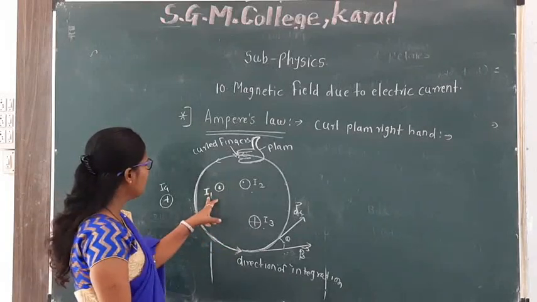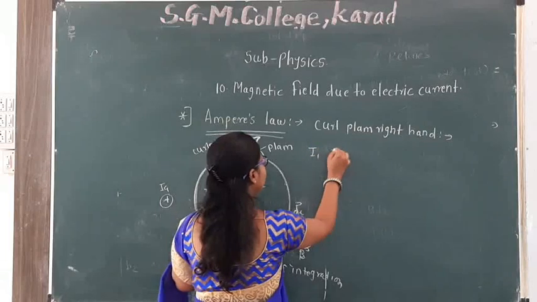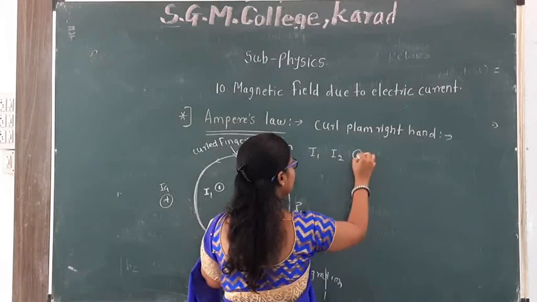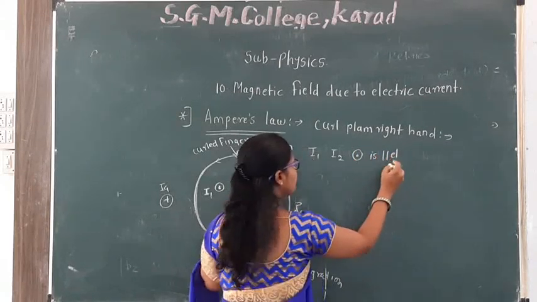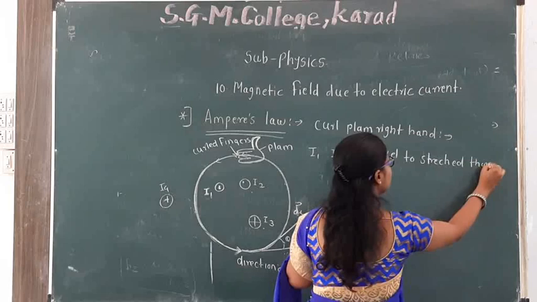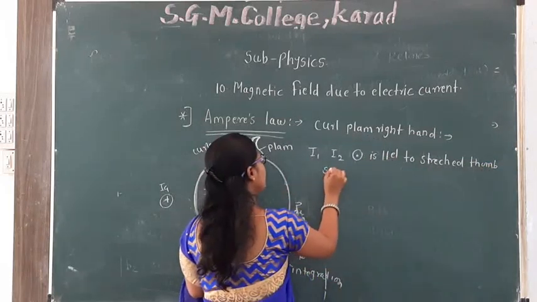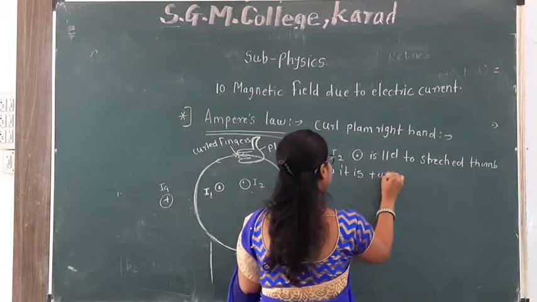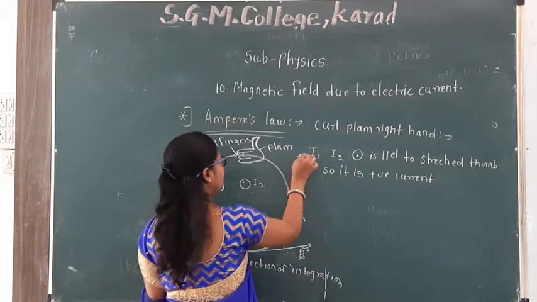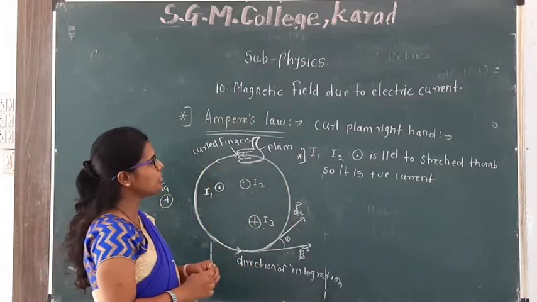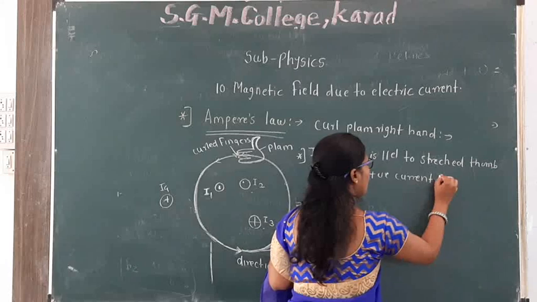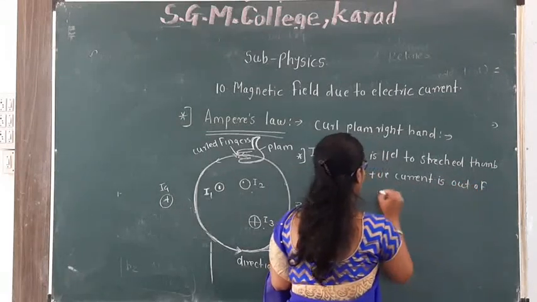Now the distribution of current. The currents I1 and I2 are parallel to the stretched thumb, so they are positive currents. Positive means out of the paper.